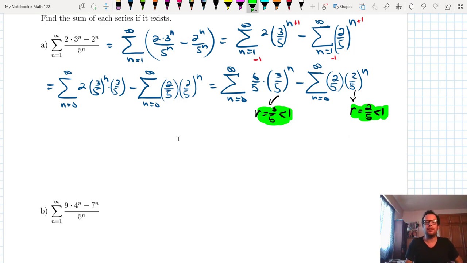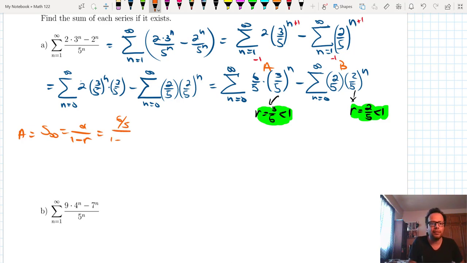So let's call this series A, and let's call this B. So the sum A will be given by S infinity equals a over 1 minus r. Plug in the numbers. This will be 6/5 divided by 1 minus 3/5. Okay. If we simplify this, you should get 3 when simplifying.